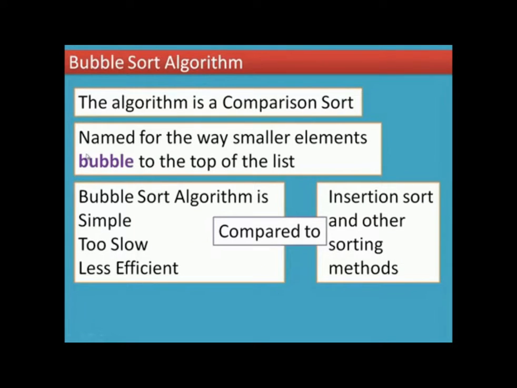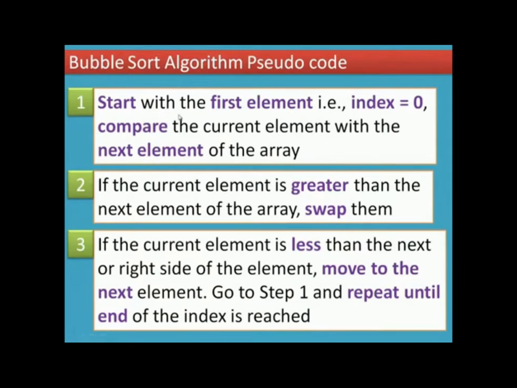It is called bubble sort because each time the smaller element comes to the top of the list like a bubble. This bubble sort algorithm is simple, slow, and less efficient compared to insertion sort and other sorting methods. It is named for the way smaller elements bubble to the top of the list. Now let's see the pseudocode for bubble sort.